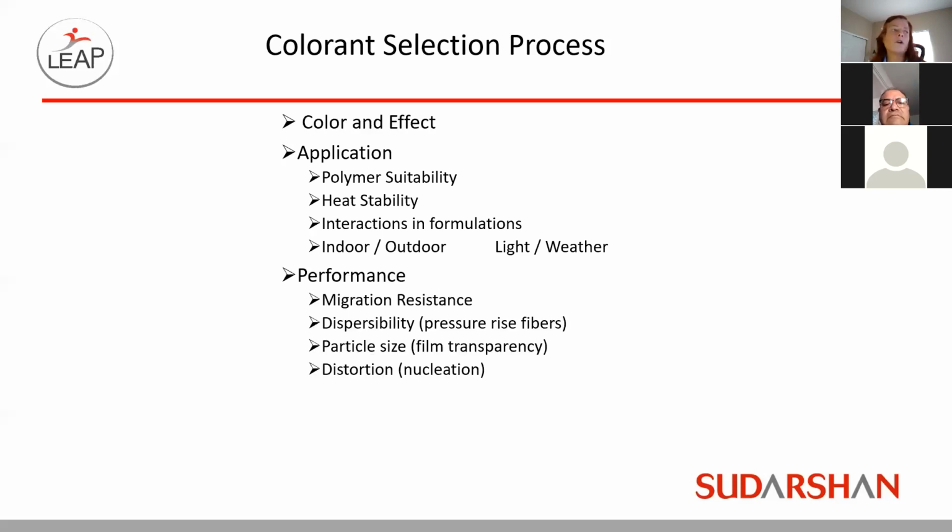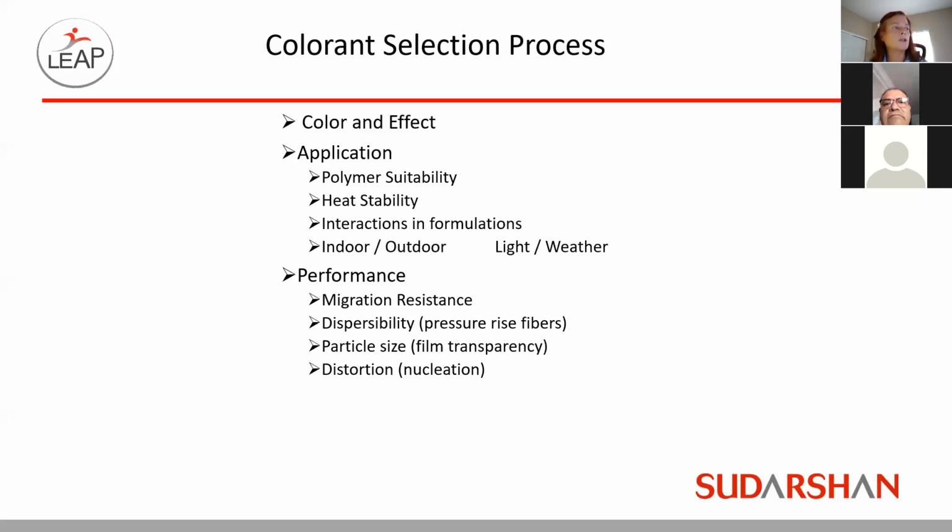In terms of the technical performance, certainly some key areas to consider is migration resistance, especially if this is an end application that has food contact. Dispersibility is always important, but is especially important with respect to fibers.